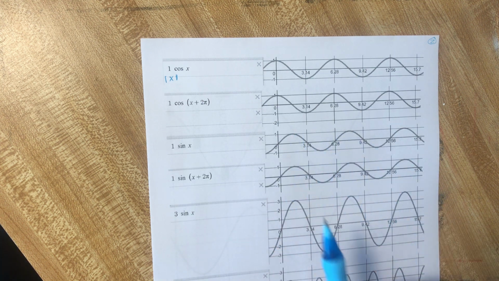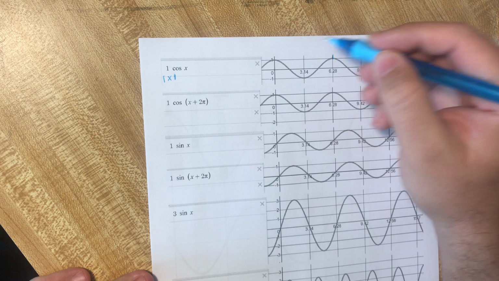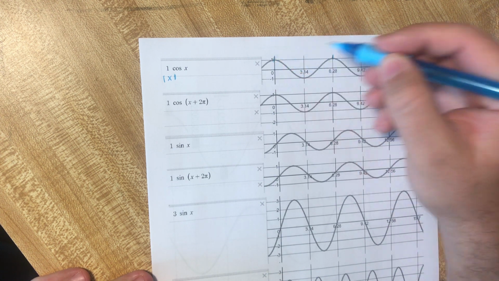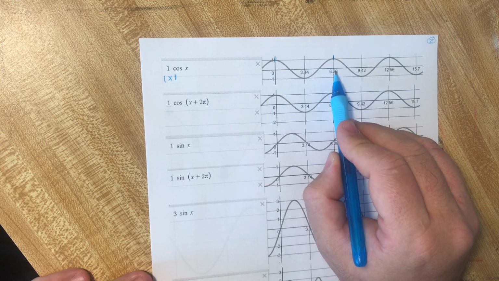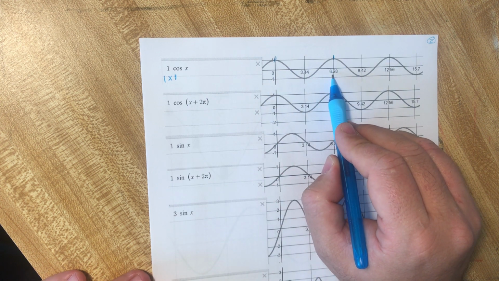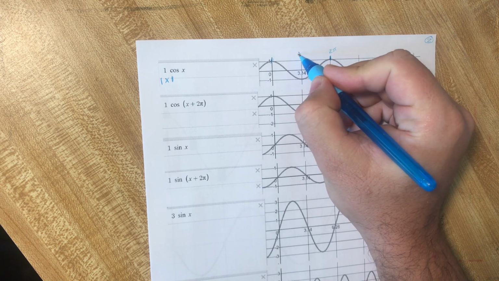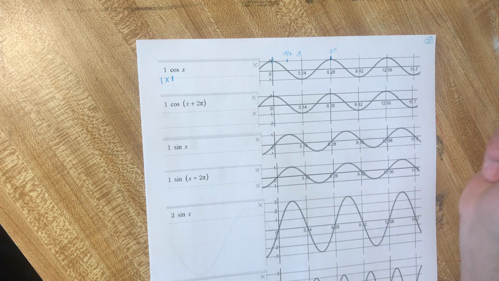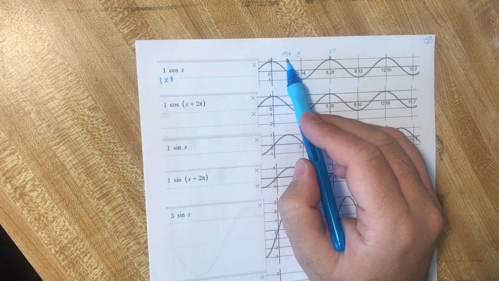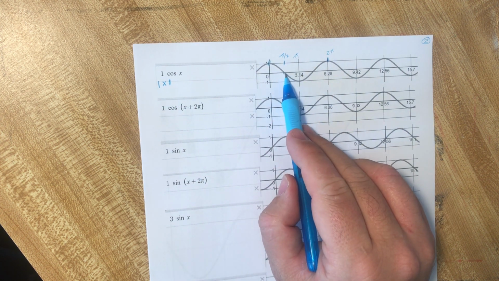Okay, and the wavelength is between two symmetric points, between 0 and 2 pi. This is 6.28, which is 2 pi. This is pi. This is pi over 2. Pi over 2 means 90 degrees. Cosine 90 is 0, and this is 0.